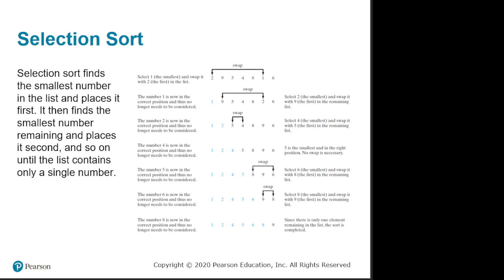We're going to work our way from a j that is equal to i plus 1. We start with the next thing, and we go until j is less than the length of our array, and we increase through j.